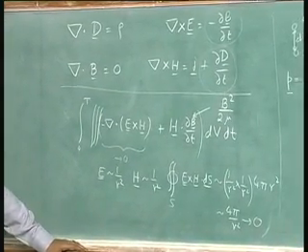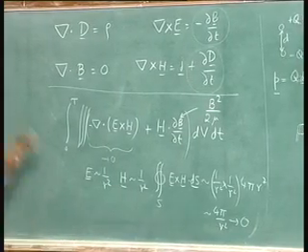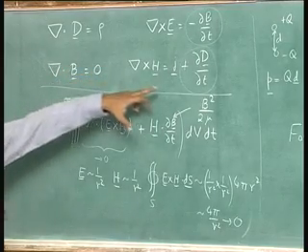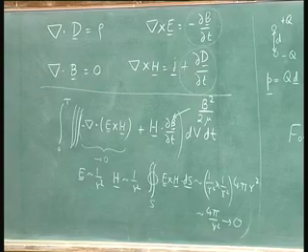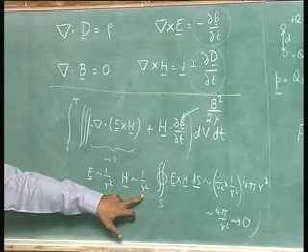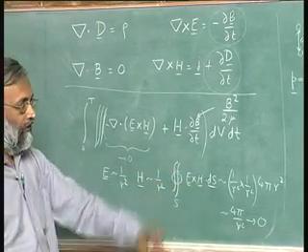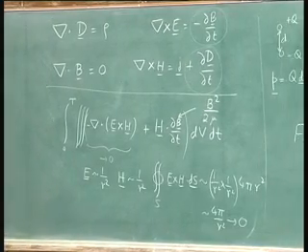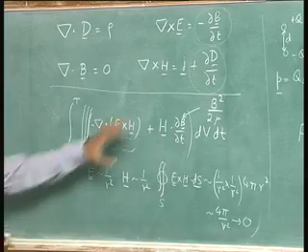But there is something wrong with this statement. As it stands, it is correct, but once you add in this extra term del D del t, it turns out E does not go as 1 over r squared, H does not go as 1 over r squared, and in fact the surface integral of E cross H dot ds does not go to 0. And this is the remarkable thing that this equation has done.